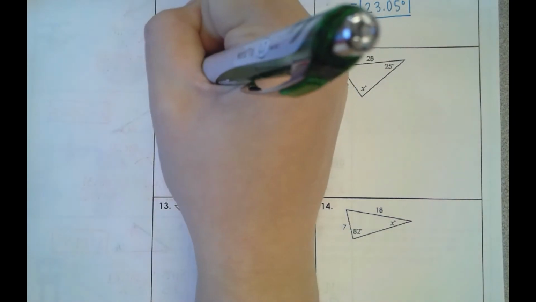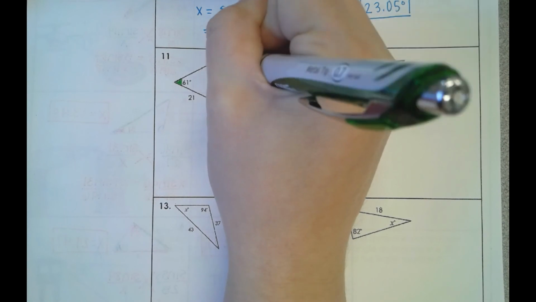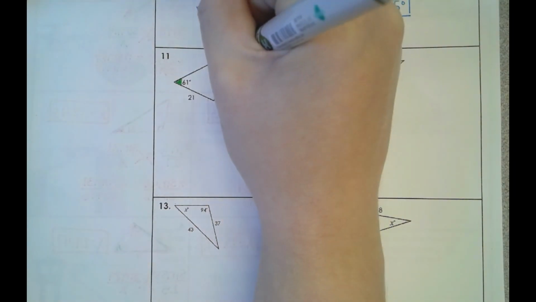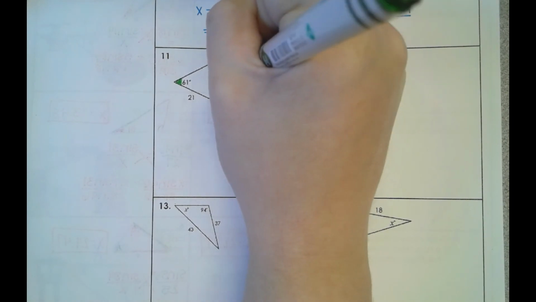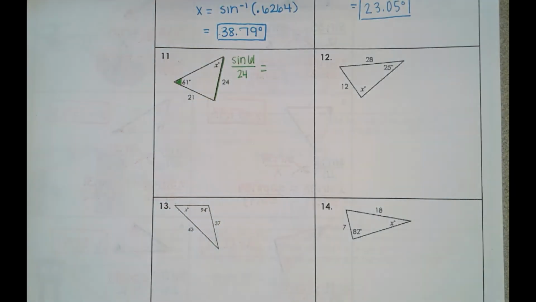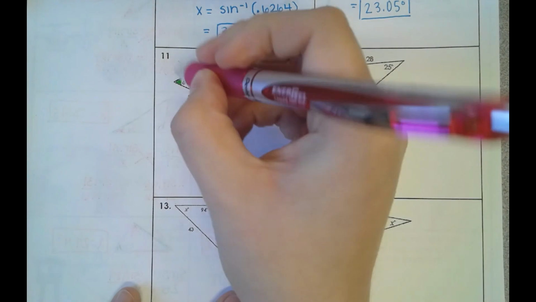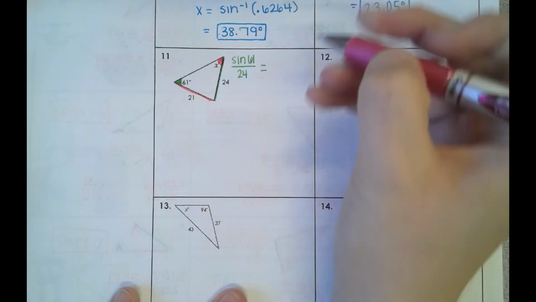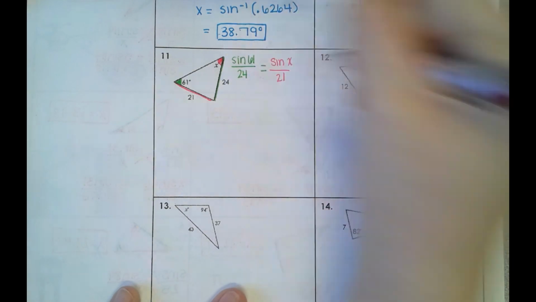All right. So 61 degrees matches with the side length of 24. So sine of 61 over 24 equals sine of x over 21.